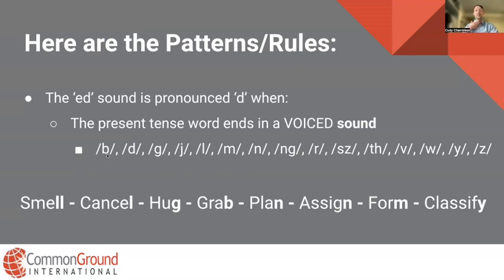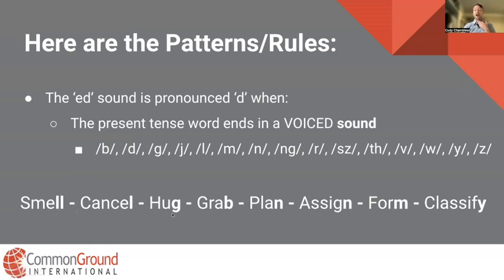For example, b, d, g, j, l, m, n, ng, etc. So all of these sounds create a vibration in our throat. For example, if I say smell, when I'm saying that L sound, there's a vibration in my throat.